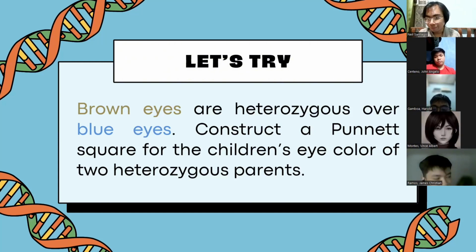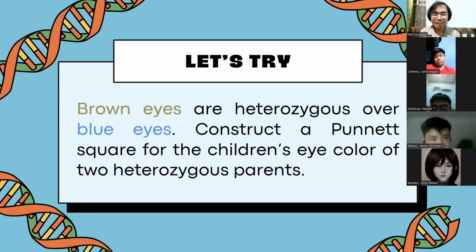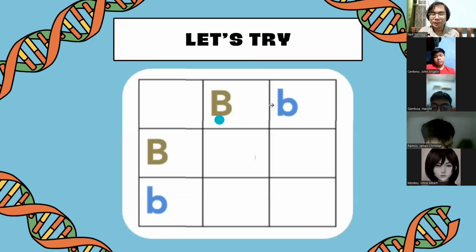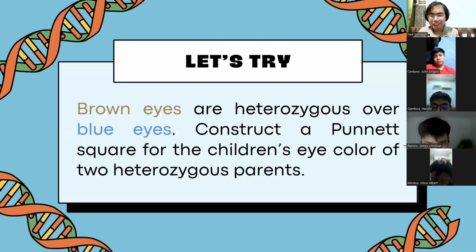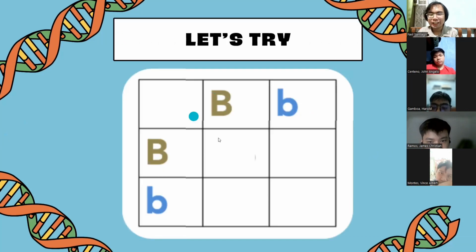So, thank you very much, Mr. Ramos. In constructing a Punnett square, you must first write down the traits of the father above and the mother here. As you can see, the problem mentions that they are both heterozygous, meaning they will be symbolized by an uppercase and a lowercase letter.